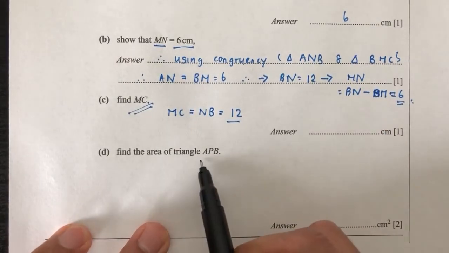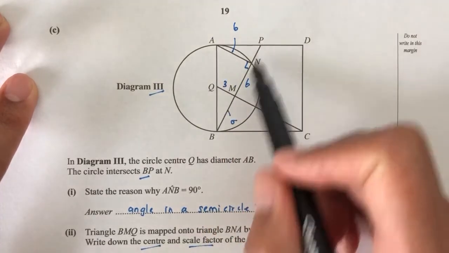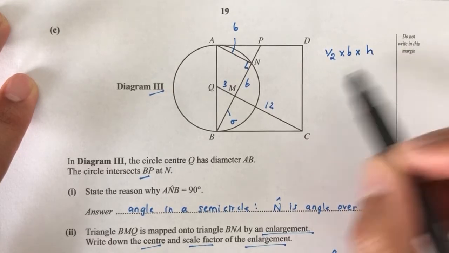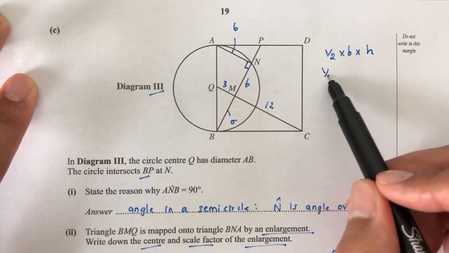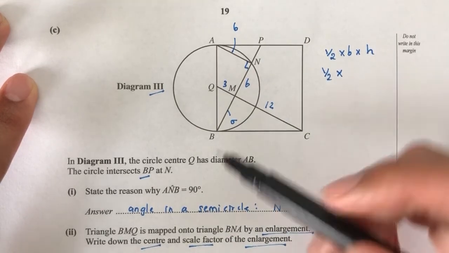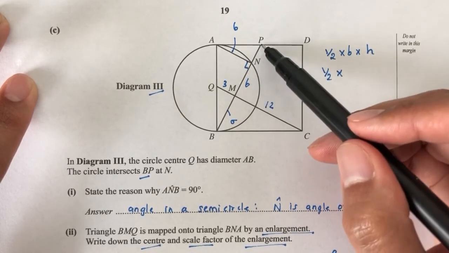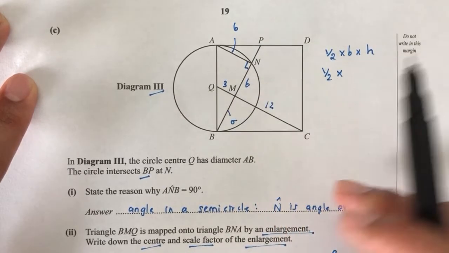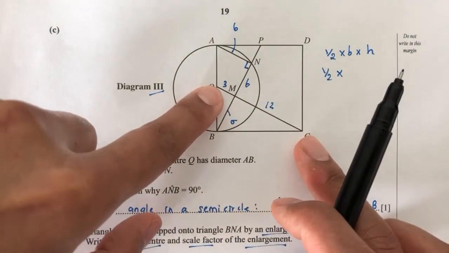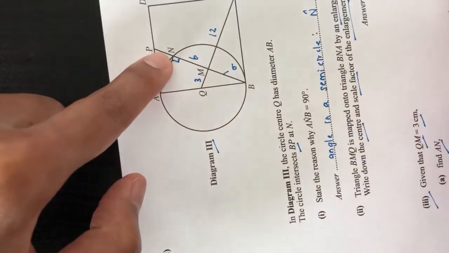Now find the area of triangle APB. So triangle APB. The area of a triangle is always half times base times height. So what is the base? It is this one. As we can see here, it's this length plus this length. So what is this length? This length is the same as this length because they are congruent. If you look at this triangle here, and if you rotate that, we have this triangle here, same side, right?